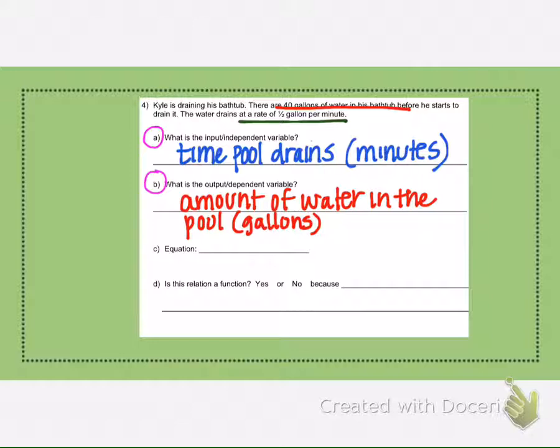Part C asks us to write an equation, so we are going to need some variables. So I'm going to have T represent the time the bathtub drains, and I'm going to have capital A be the amount of water in the bathtub.